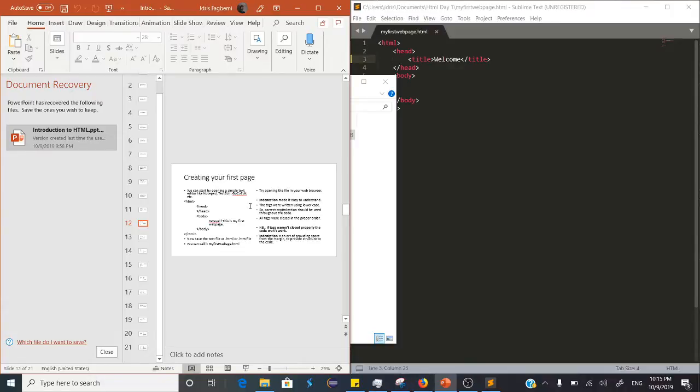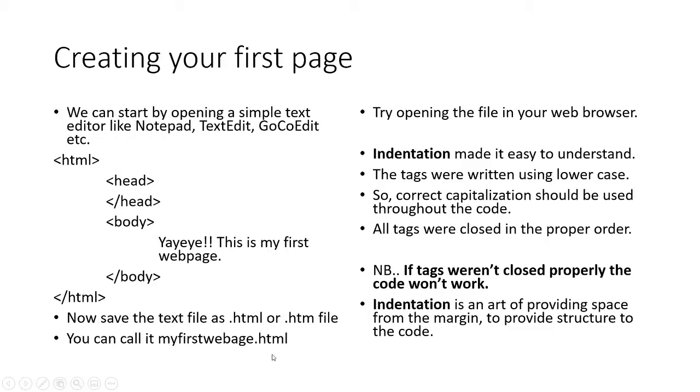So let's go. To create our first web page, this is the content. That's why I asked you to download a text editor, because this file goes in a text editor. So I have my HTML to show that my document is an HTML file.